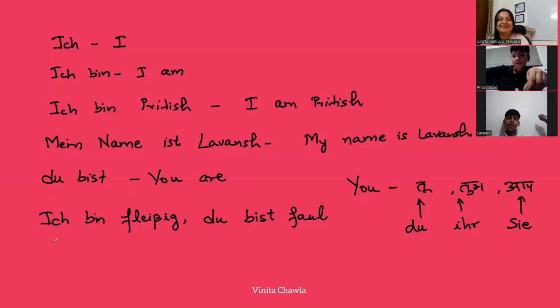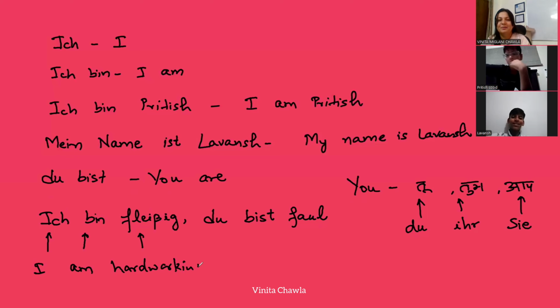Fleißig means hardworking. Ich means I. I am hardworking, but you are lazy. We can put but in it: aber. Now you have but.